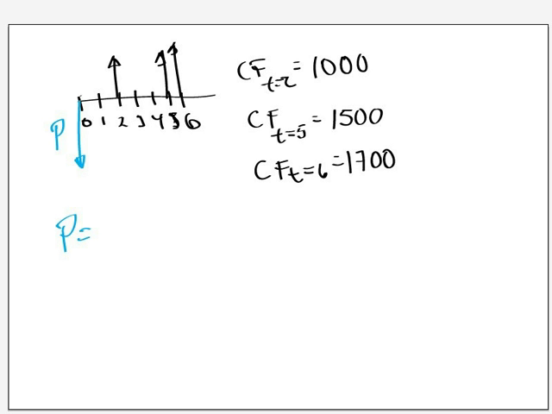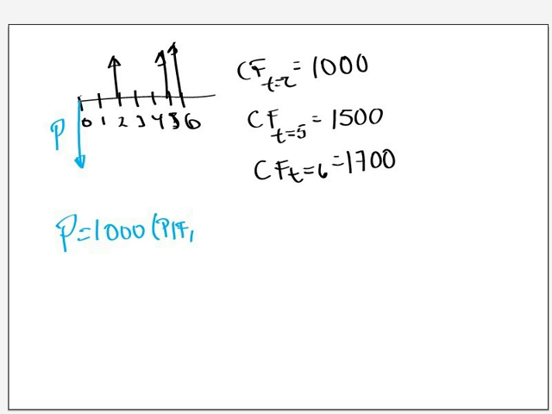So the present value should be equal to the cash flow that happens at t equals 2, which is 1,000, brought to the present, that is times P given F. We have not specified an interest rate.